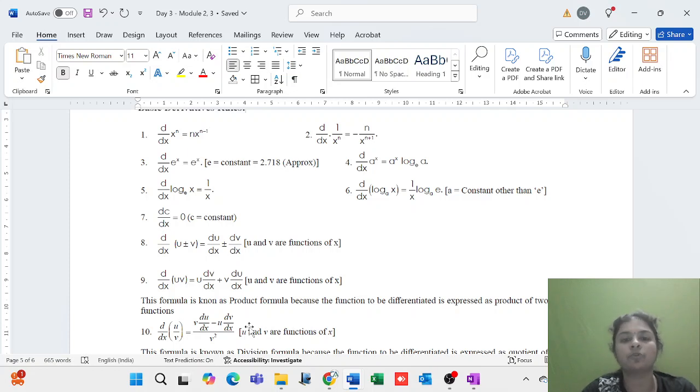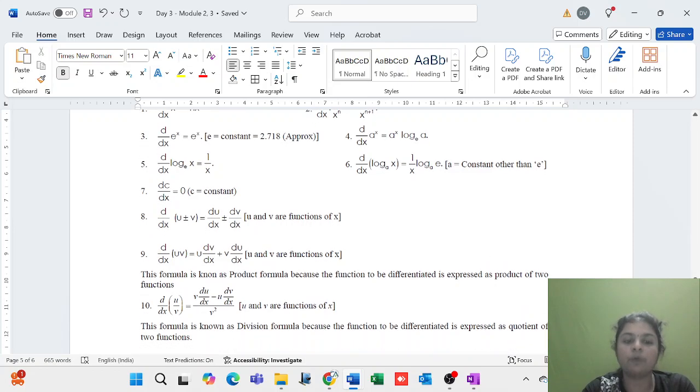So I don't want you to spend so much time practicing higher level derivatives. In the examination it is only about 5 to 7 marks. If you are well versed with derivative functions, well and good. But if you are finding it difficult, then I would suggest just stick to simple derivative rules.